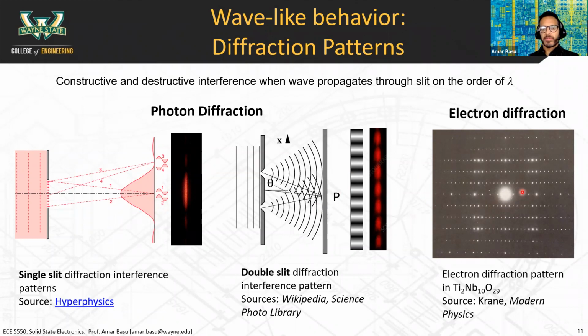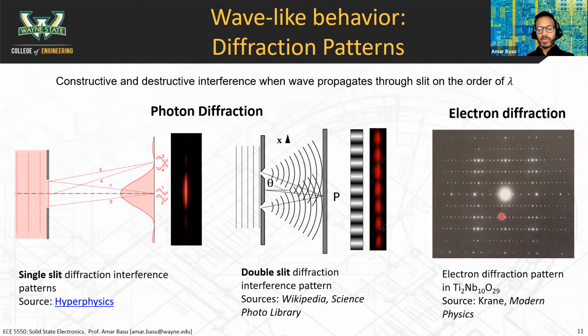One other phenomenon that you may be familiar with or may not be is called electron diffraction. This is a cool image from Crane's Modern Physics book. Electron diffraction is used in something called X-ray crystallography. This is where we shoot high energy X-rays into an atom, and the X-rays bounce off the atom and they're detected.